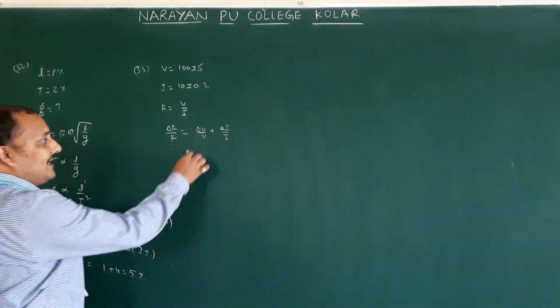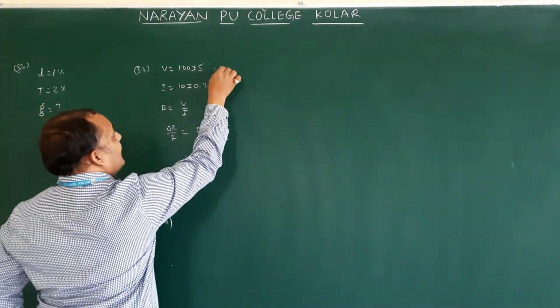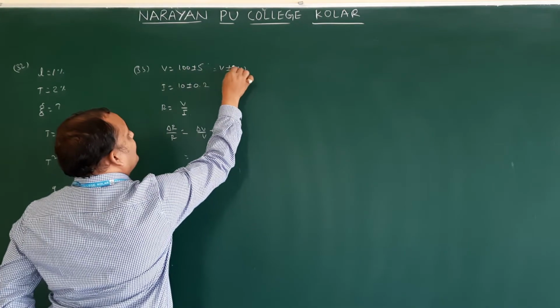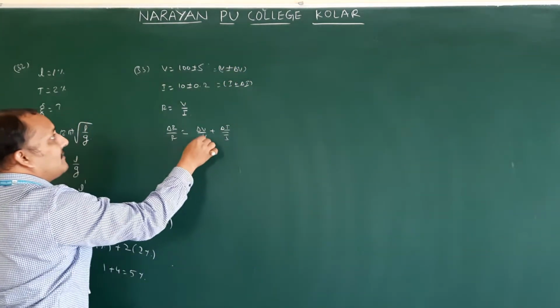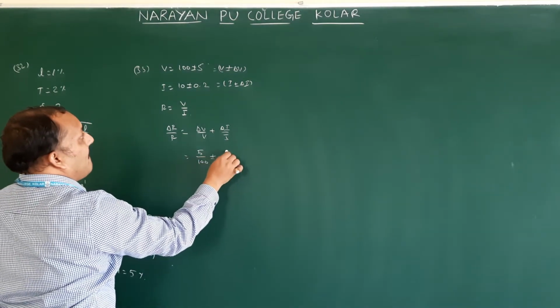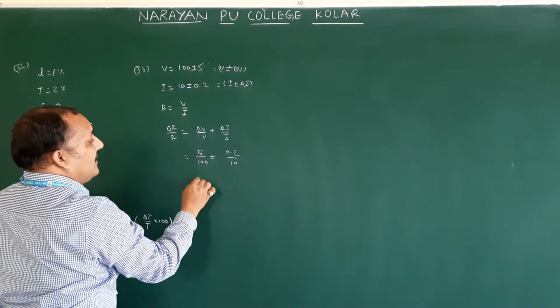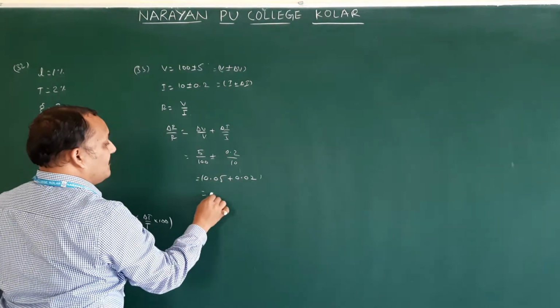Multiplication and division you will be getting like this. What is delta V and this one? This is the general formula you know: V plus or minus delta V, I plus or minus delta I. So 5 by 100, that is 0.05, plus 0.2 by 10, that is 0.02, gives 0.07.